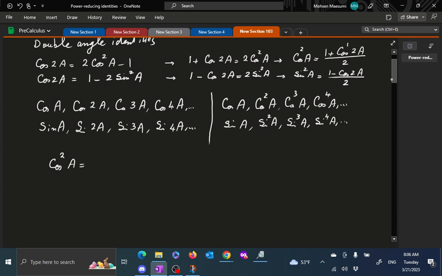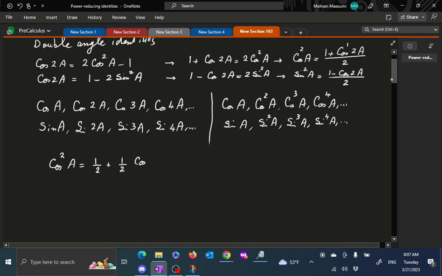Let's divide this fraction so that it looks like the way the formulas are written in your software. Cosine of 2a. Let's make another set here. Sine square of a is 1/2 minus 1/2 cosine of 2a.